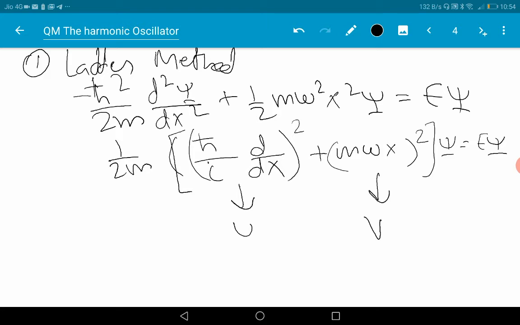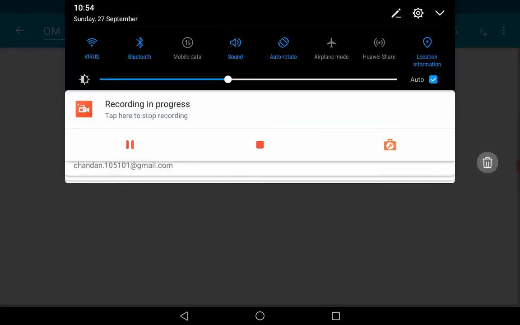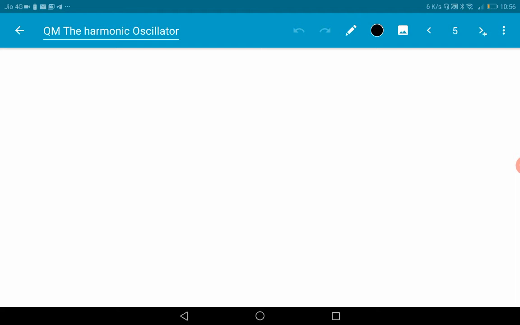So this is something we can write as, suppose this is u and this is v, and you know u squared plus v squared is indeed (u minus iv) times (u plus iv). So what we'll do is define something called a plus, which is equal to 1 by root 2m (h cross by i d by dx plus i m omega x).